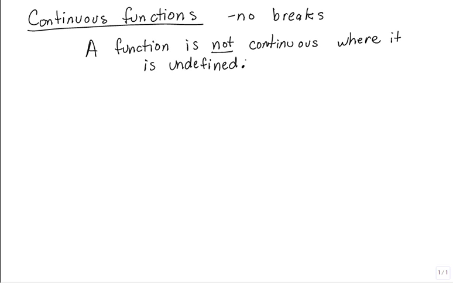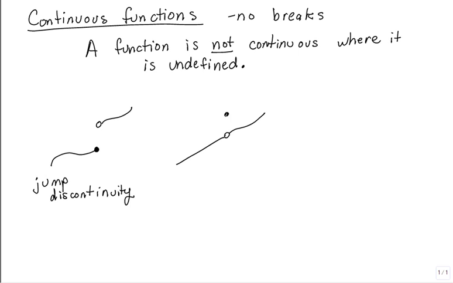Okay, so for some pictures, here we have a function. This is not continuous because there's a big jump, and that's called a jump discontinuity. This is not continuous, something like this. This is called a removable discontinuity, though, because I can move that point down there and make it continuous.